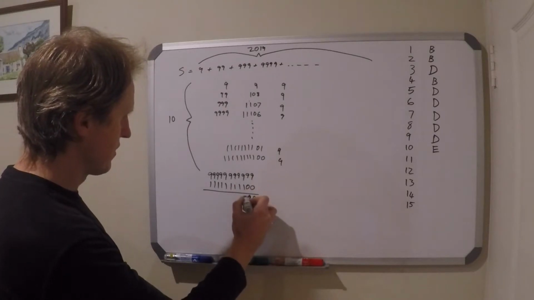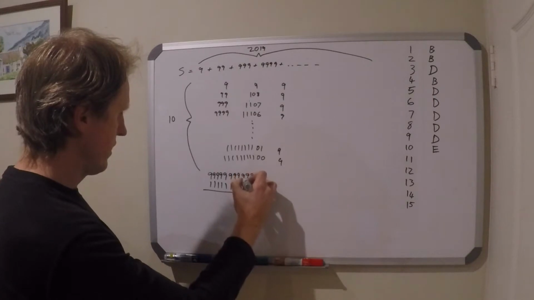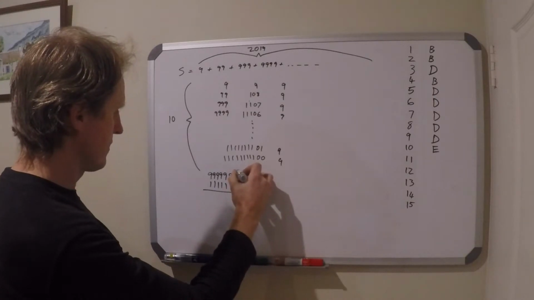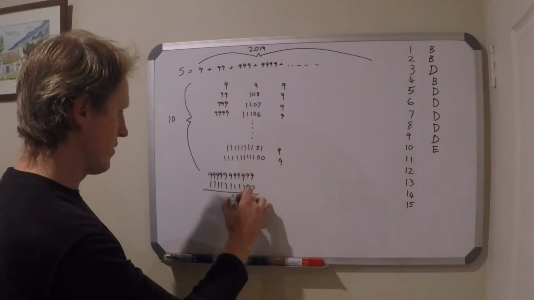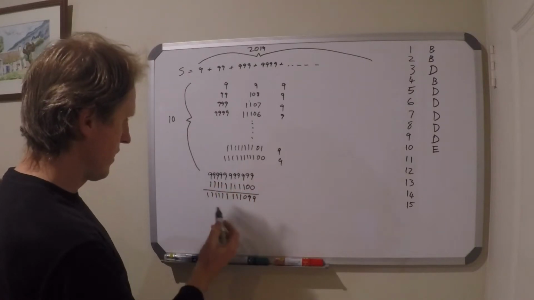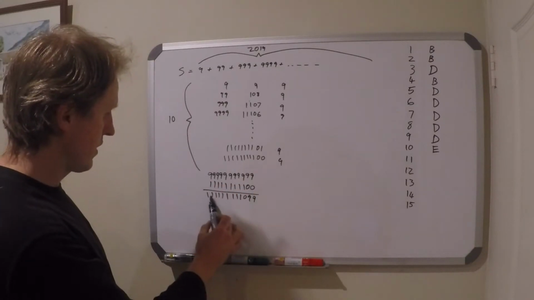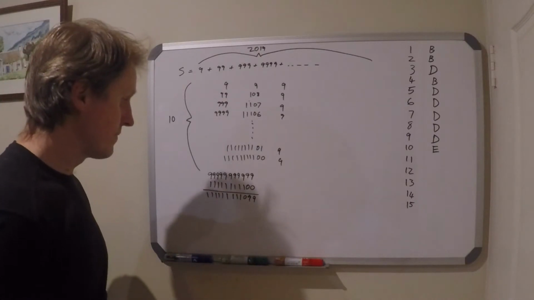9 plus 1 is 0, and then carry 1. So here we're going to get all of those ones again. And this total length is 1, 2, 3, 4, 5, 6, 7, 8, 9, 10, 11, 12.